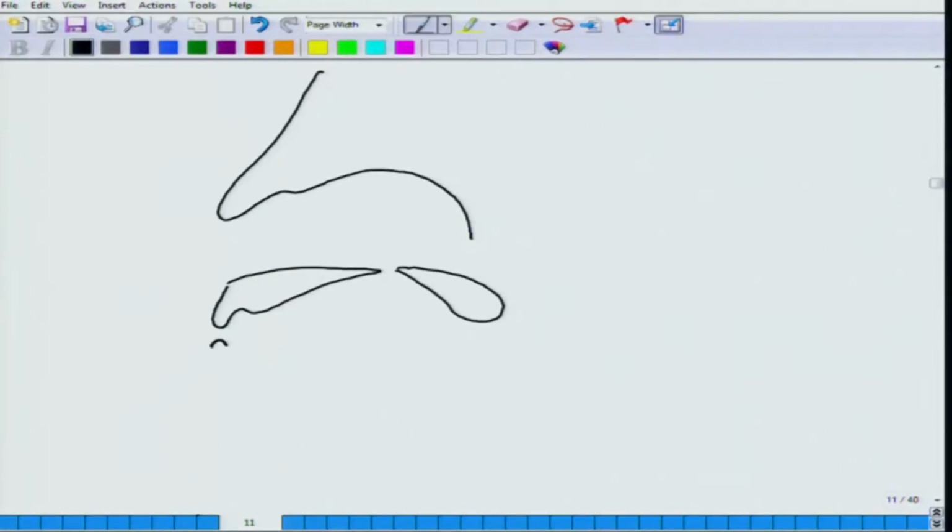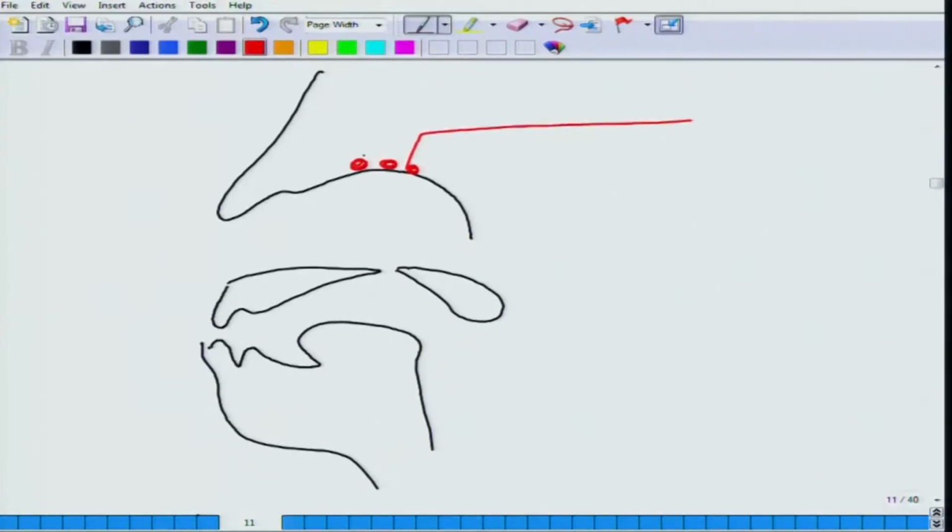Let me just draw it, then everything will make sense to you guys. Okay, so this is where you have the smell receptors coming, because by smelling of food your saliva starts secreting.